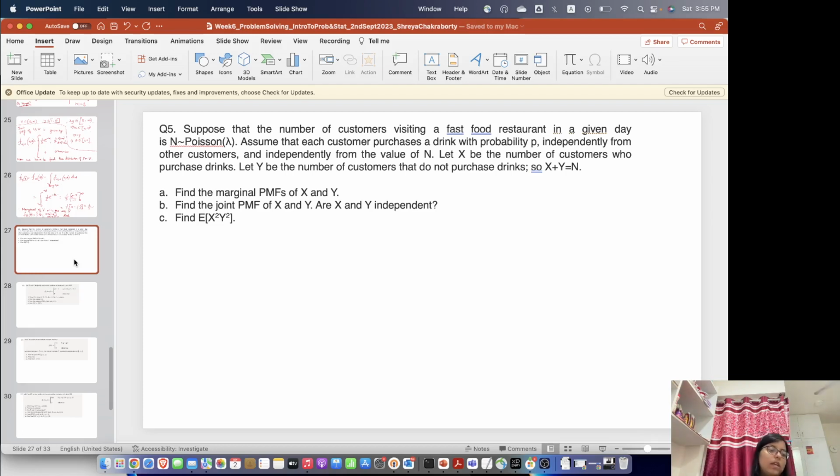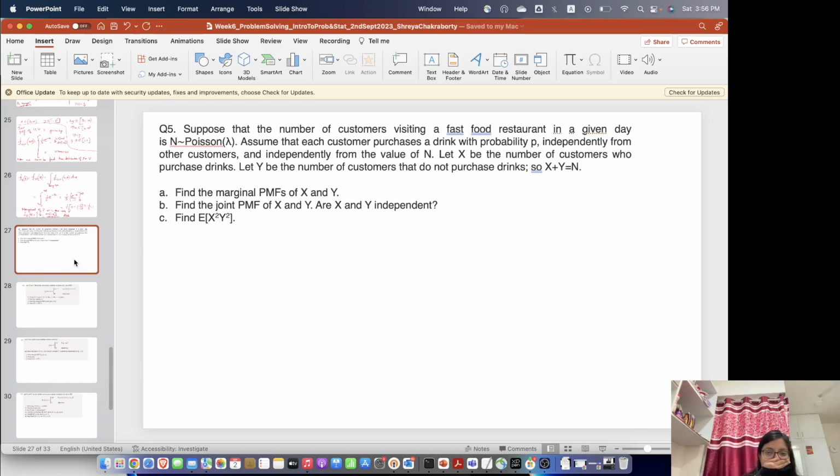We have to find out whether they are independent or not, and based on our conclusions, we have to find out what is the value of the expectation of x square y square.